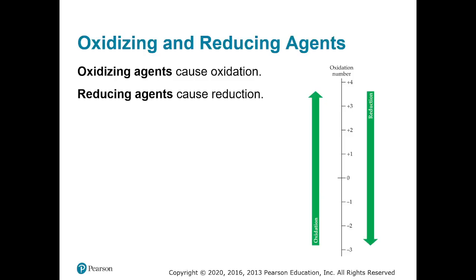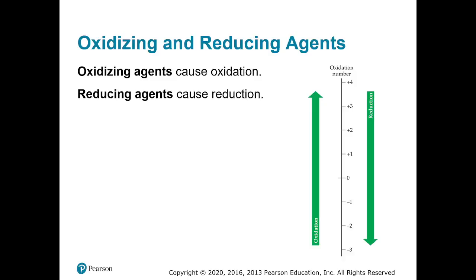And so be very careful. Try to keep this straight in your head. It's very common for students to mistake oxidizing agents and think the agent is the one that gets oxidized. And for some reason, it just trips people up. Remember that oxidizing agents are the ones that cause the oxidation.